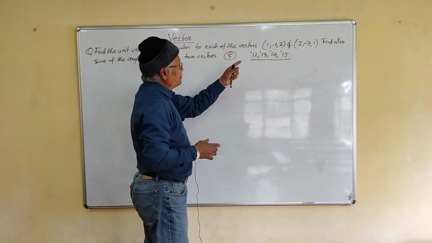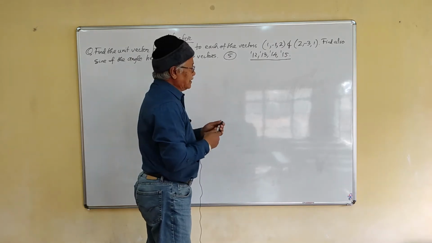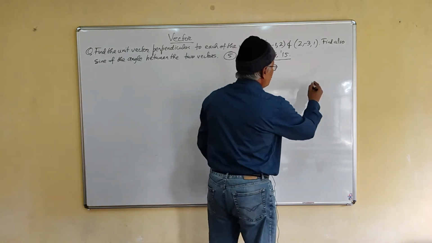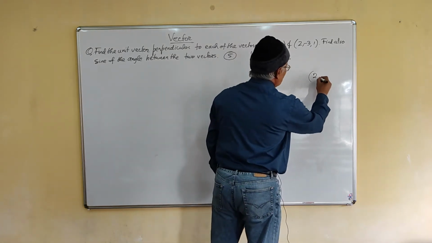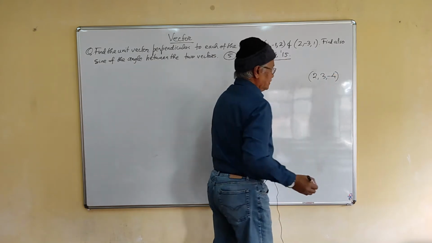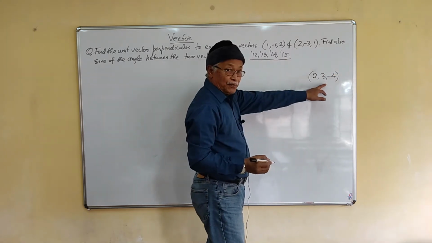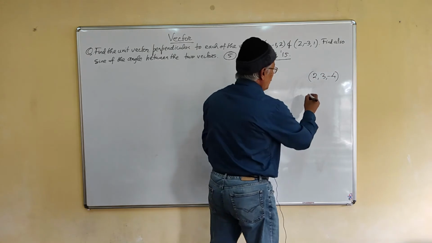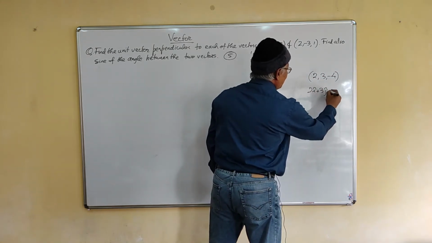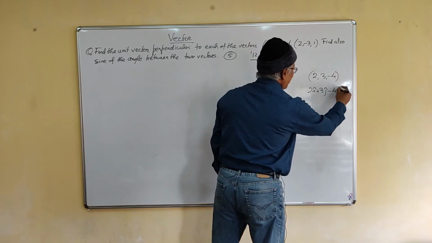Before I go for this, let me say what (2, 3, minus 4) means. If it is given in a vector problem, it means 2i plus 3j minus 4k.